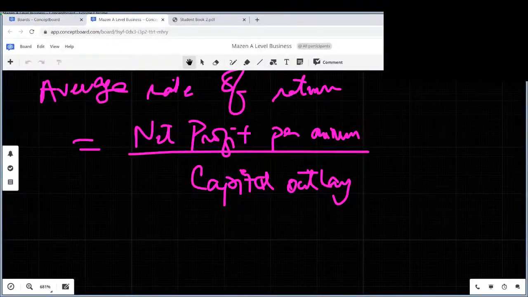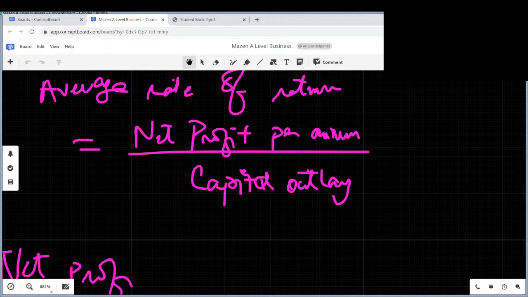And to calculate net profit per annum, net profit per annum is equal to total inflow minus capital outlay.